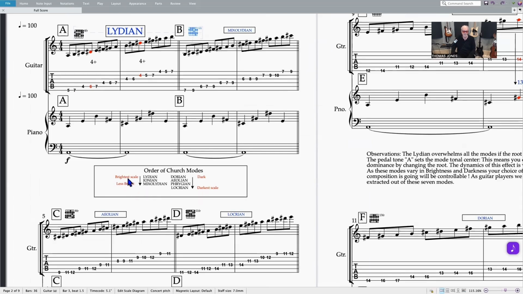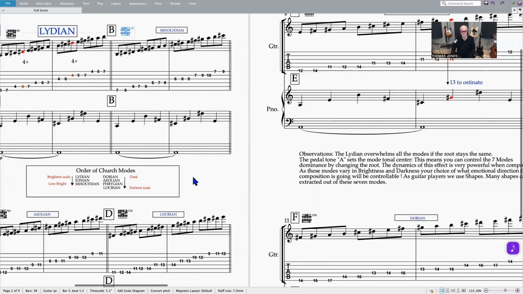So what happens is in this Lydian mode, I would take the 4 plus, that's this guy, and just make it a 4. Then I get the Ionian mode. The Mixolydian mode then would take the 7th step of the scale here, the Ionian.